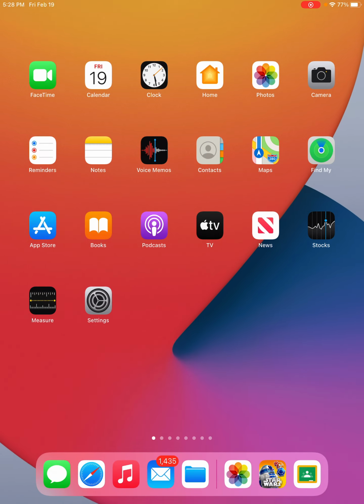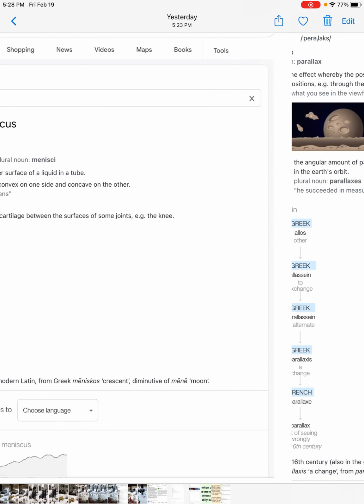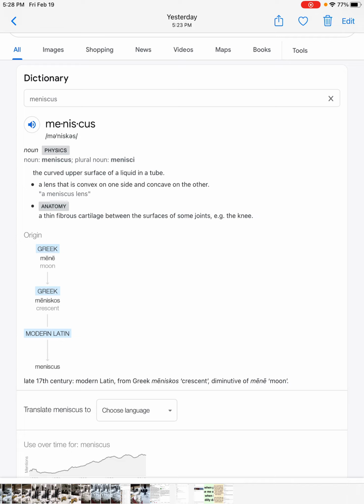And as I've already shown you, I looked that up. And if you look here, you'll see that it's from the Greek mene, which means moon, because it looks like a crescent moon, or the Greek meniscos, which again is from the Greek and means crescent, and the modern Latin is meniscus, so we're actually using a Latin word with a Greek origin.